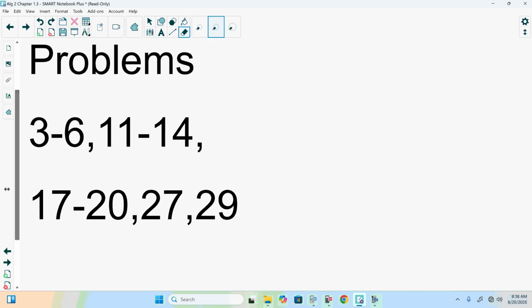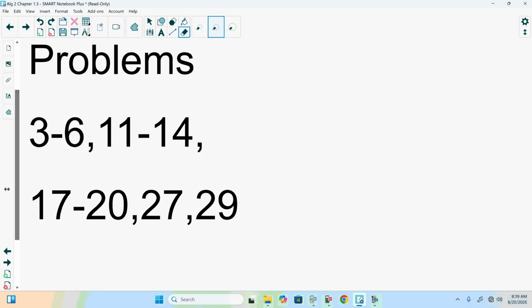3 through 6, 11 through 14, 17 through 20, 27, 29. 3 through 6. Write a function whose graph g represents the indicated transformation of the graph of x. You don't have to use a graphing calculator to check it, so you're just applying the transformation. 11 through 14.